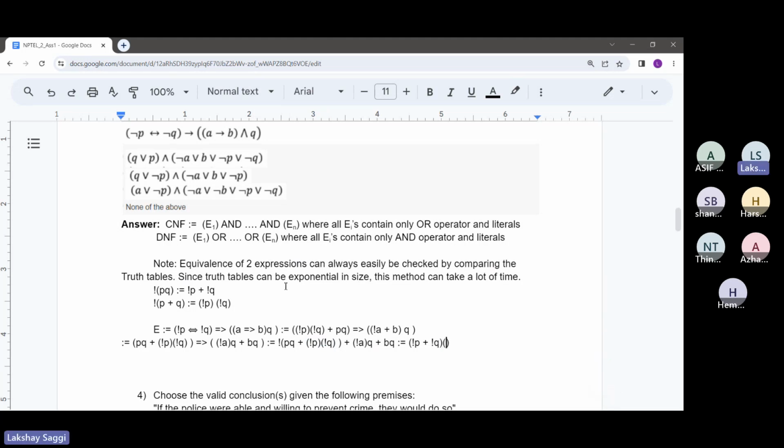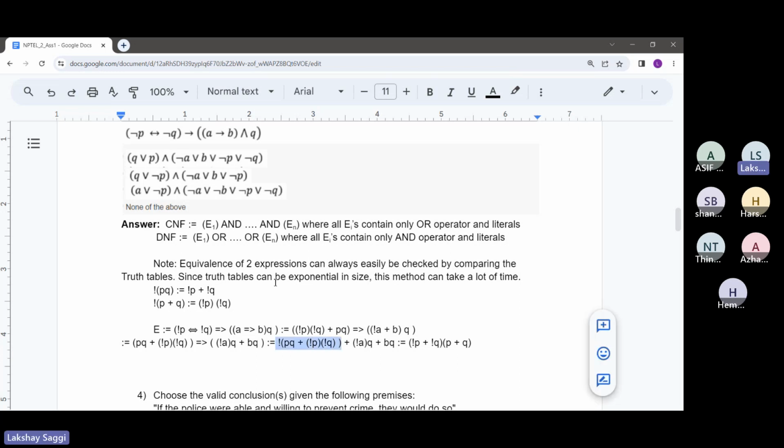So the negation of not P times not Q will be nothing but replace P by not P, which will be just P itself, and Q by not Q. So not and not again will cancel and it will result in Q. And their multiplication will become addition.